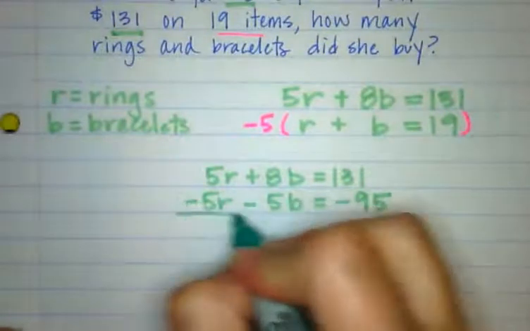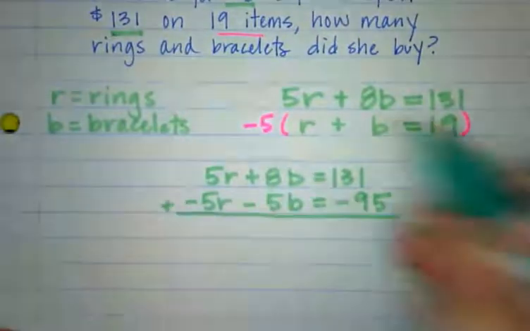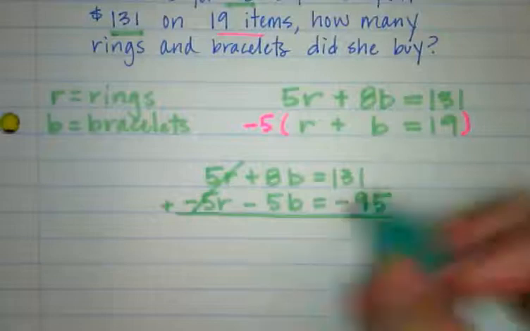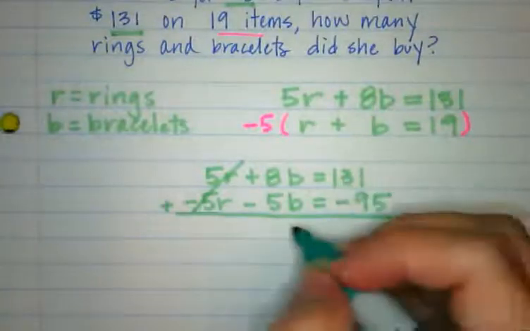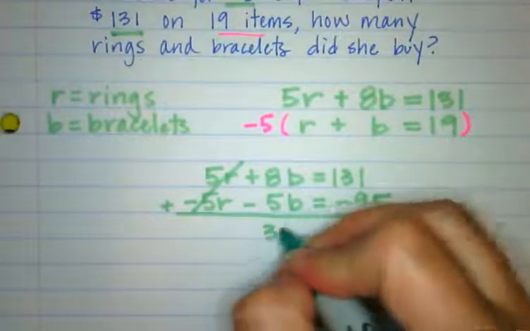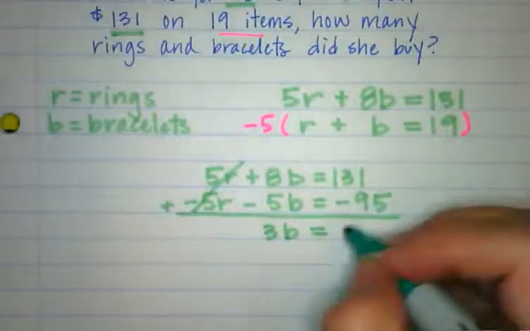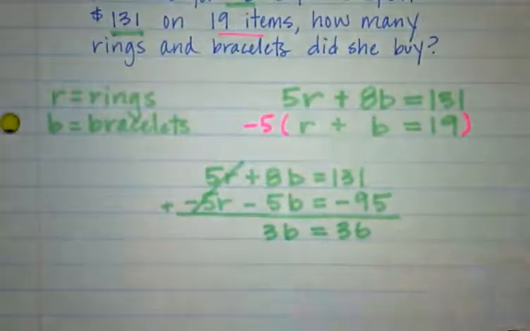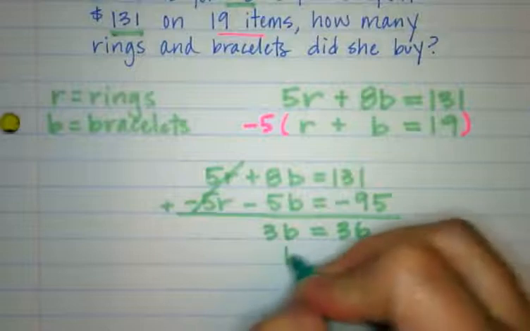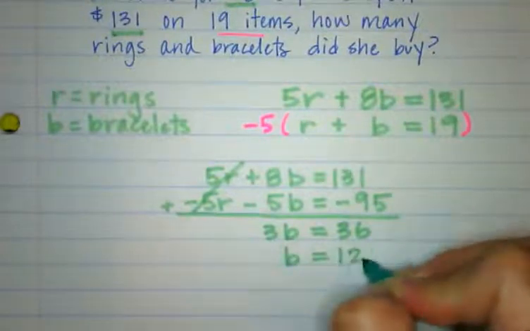When I combine these lines together, the r's are eliminated. 8b minus 5b is 3b, and 131 minus 95 is 36. Divide both sides by 3, so b equals 12.